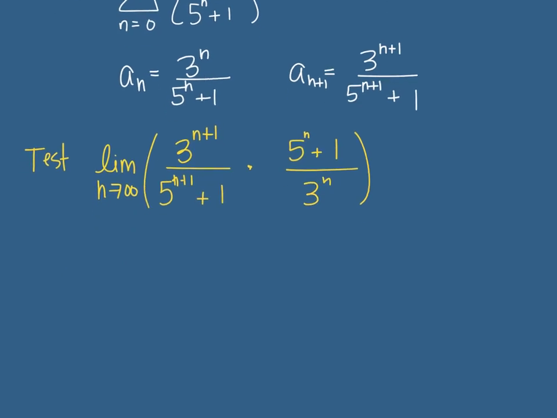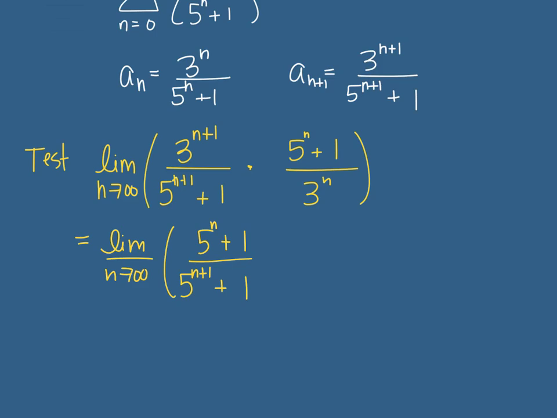Ooh, okay, let's talk about how to reduce correctly. So what am I left with? 3 times 5 to the n plus 1 over 5 to the n plus 1 plus 1. Those don't reduce each other in any way. You can't reduce addition.